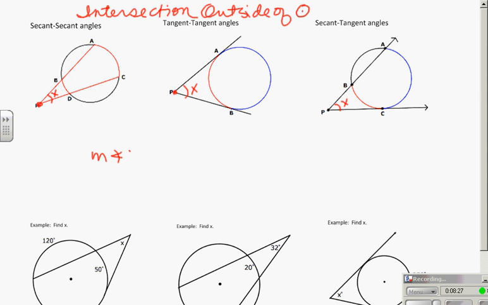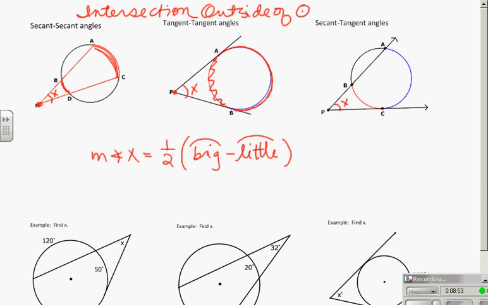What our formula is going to be in this scenario for all three of these is that the measure of angle X is going to be 1/2 the big arc minus the little arc. So you subtract the big arc for here, AC, minus BD, and take 1/2 of it.